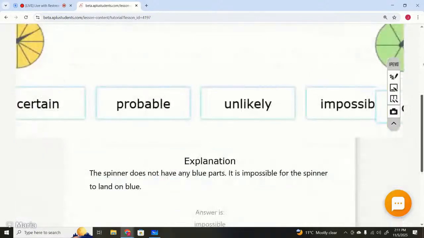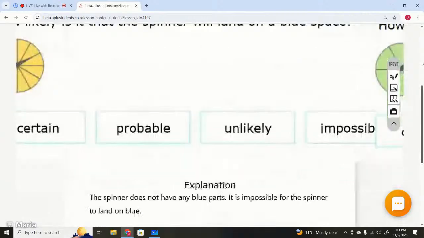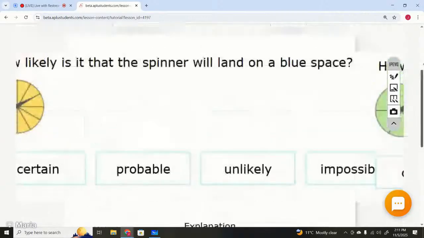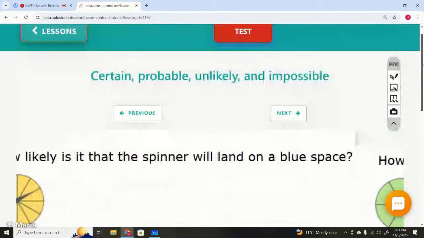How likely is it that the spinner will land on a blue space? But we can't see the spinner here. Let's just start with a test.